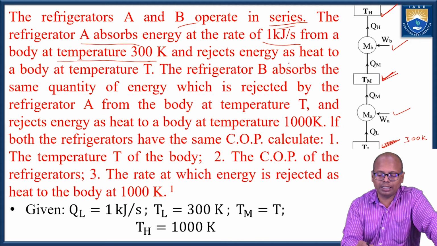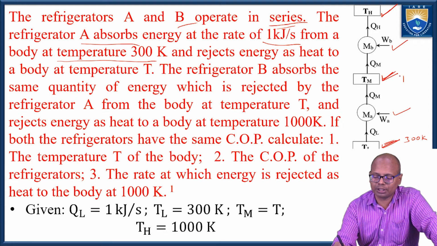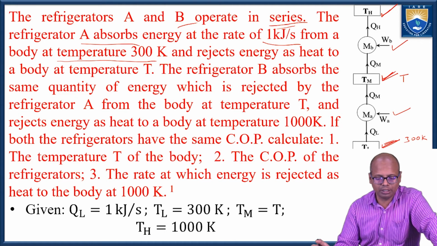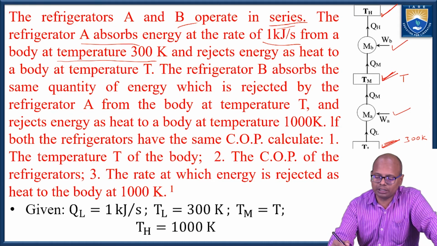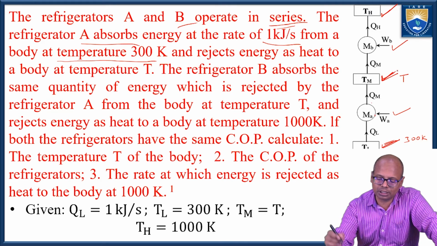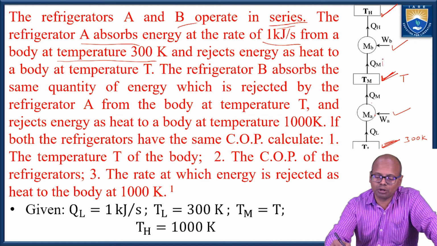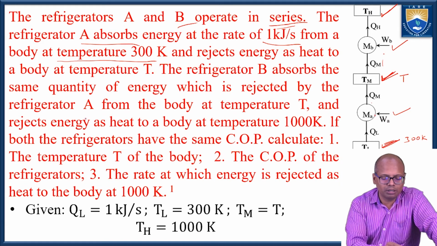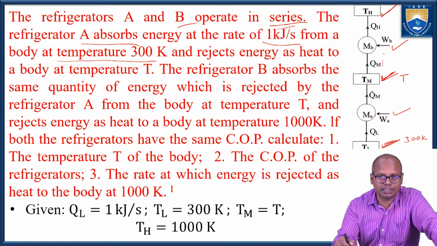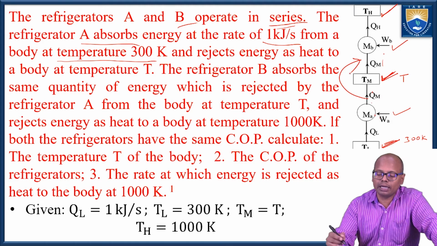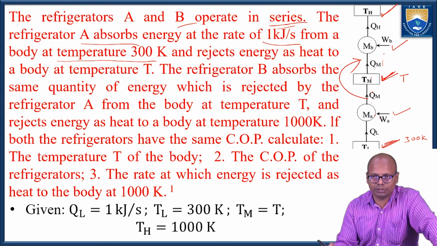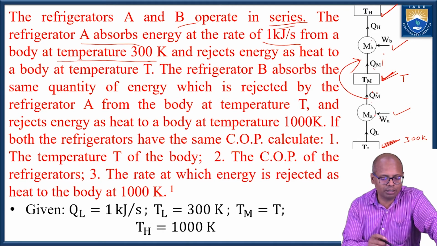And it rejects heat to a body at a temperature T. So this temperature is given as T; it is not given numerically. The heat that this machine A is rejecting to the intermediate reservoir is equal to the amount of heat extracted by the machine B from it. So both are equal. That is one statement given.